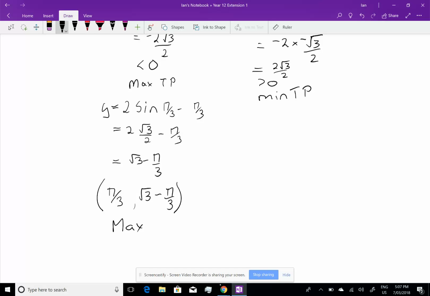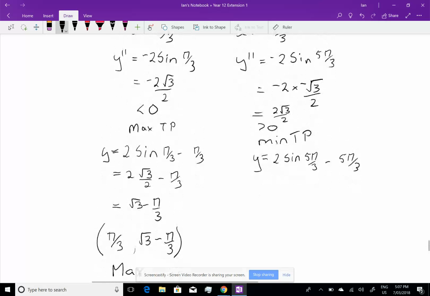Righto, let's do this one. Y equals 2 sine 5 pi on 3 minus 5 pi on 3. Well, we know that that's negative, so it's going to be 2 times negative root 3 on 2 minus 5 pi on 3, which gives me negative root 3 minus 5 pi on 3.